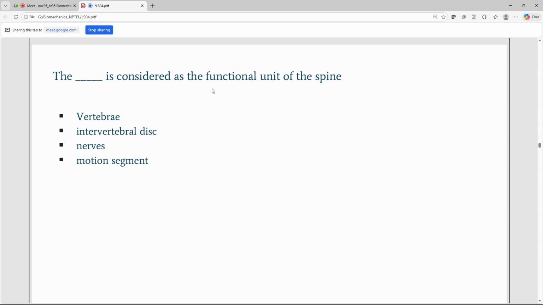Next question. The dash is considered as the functional unit of the spine. Options are vertebrae, intervertebral discs, nerve, motion segment. The dash is considered as the functional unit of the spine.